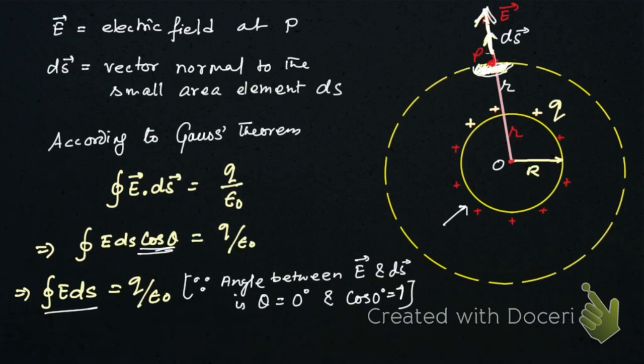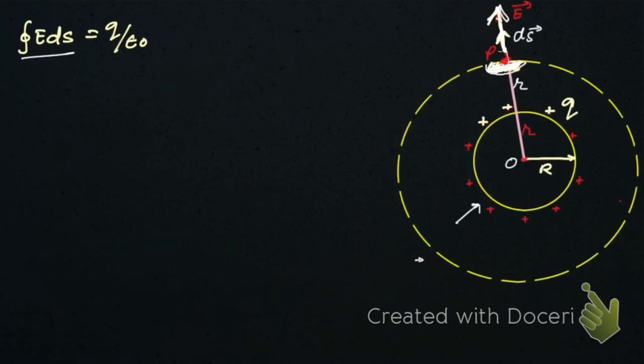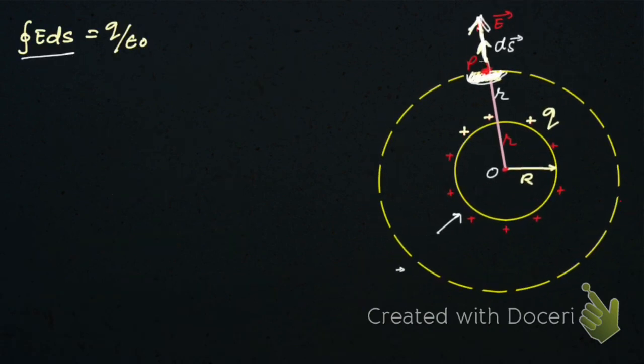So this is the figure, right? Here electric field is constant, so it can be taken outside the integral. So we can say that E integration ds will be equal to q by epsilon naught.